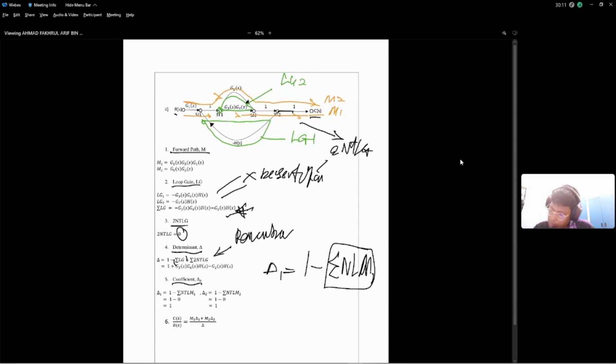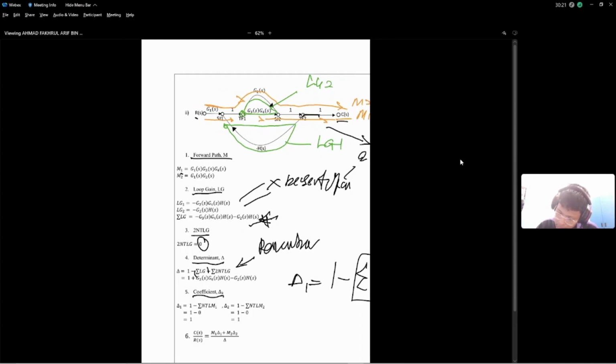Macam mana nak jumpa non-touching loop forward path ni? Non-touching loop forward path ni kita kena tengok dua benda, iaitu forward path kat sini dengan loop gain. Forward path dengan loop gain.